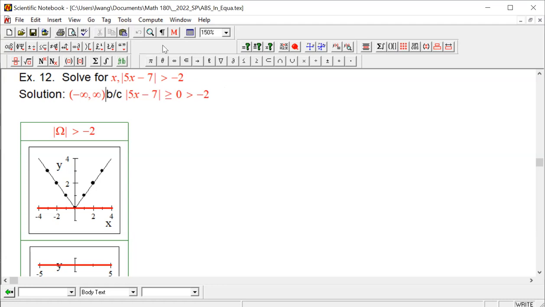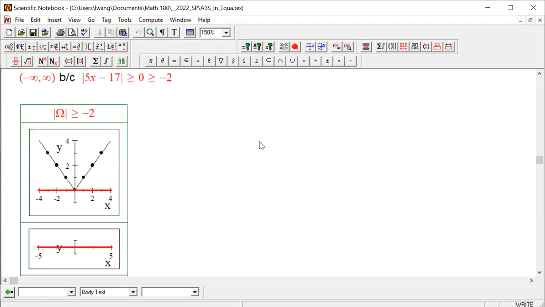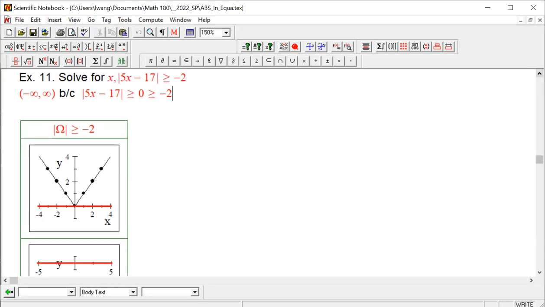At this point, I'm going to go back a little bit to explain why 0 is greater than or equal to -2. Some of you may be a little confused. I imagine that might be because when I was in the classroom, this could happen. Yes, 0 can never be equal to -2. But this statement says 0 is larger than or equal to -2.